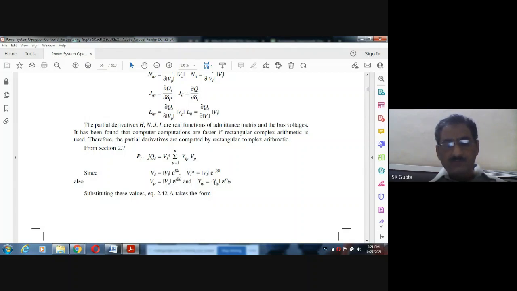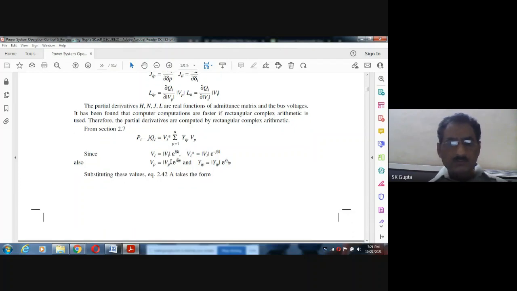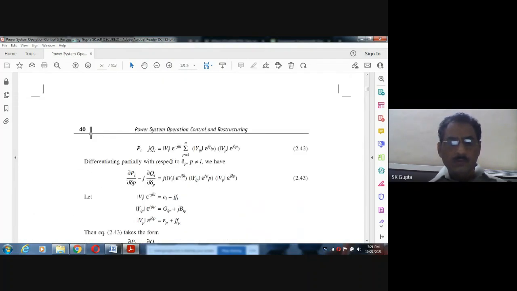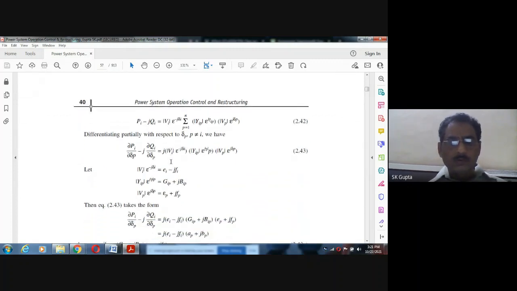Yip is again magnitude and its angle. So after putting this like this, this equation Pi minus jQi, this equation with Vi with angle, Y with angle, Vp with angle. So this is the equation.